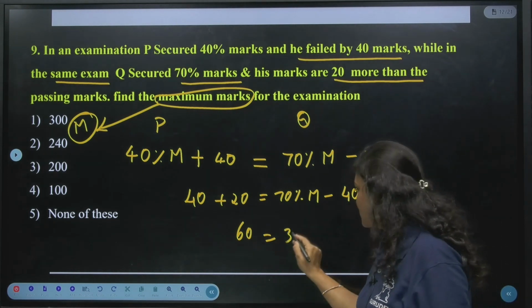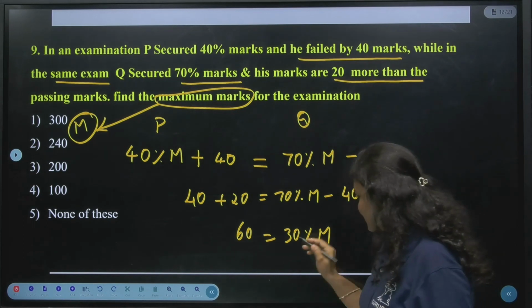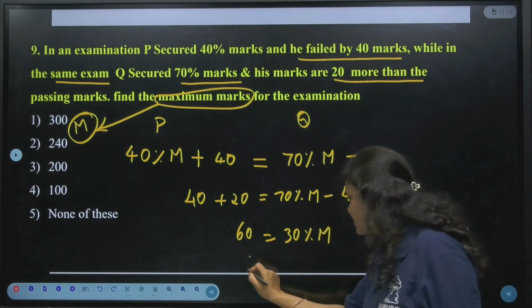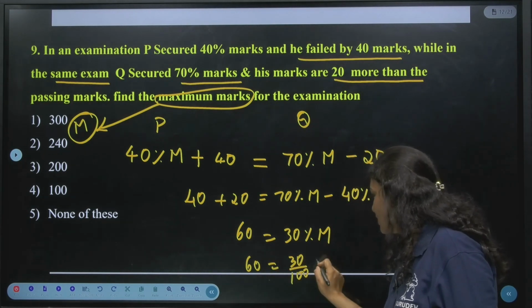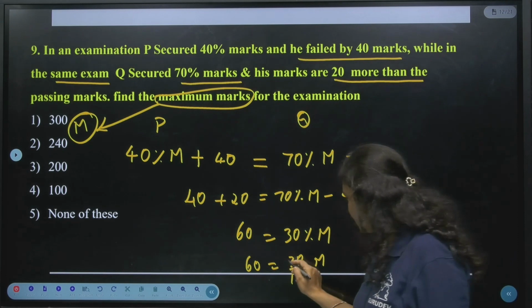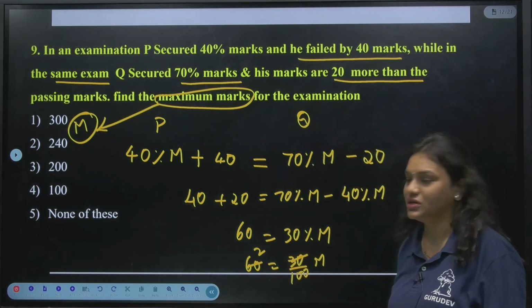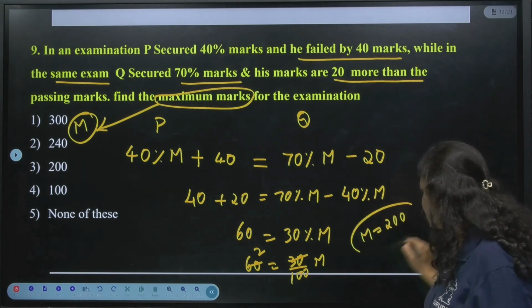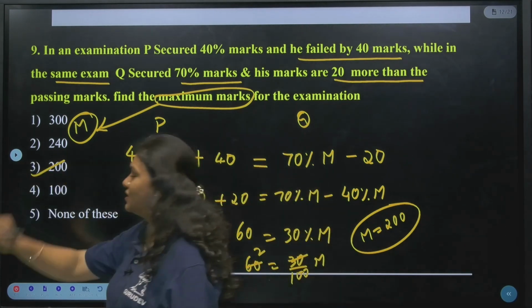It is 30% M. So, just try to understand, guys: 60 equals 30 upon 100 times M. So 2 into 100 is 200. Finally we got the answer: the maximum marks is 200. Is it clear, guys?